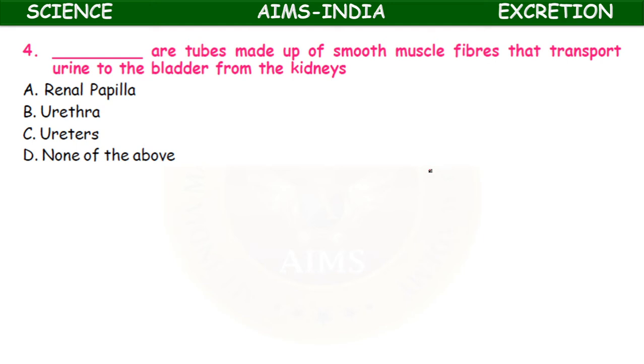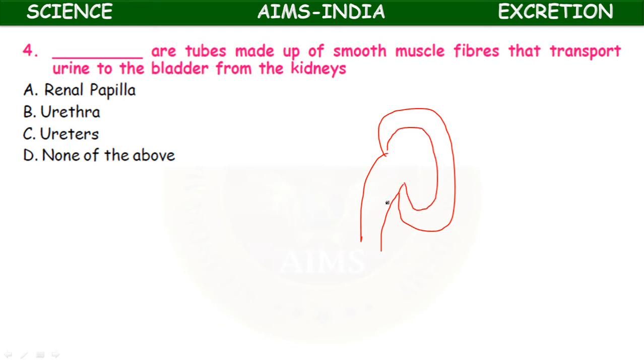If you take the kidney, for example, this is the pelvis region, and this is the ureters, tube-like structures through which they transport the urine to the urinary bladder. There are 2 ureters. Answer C.